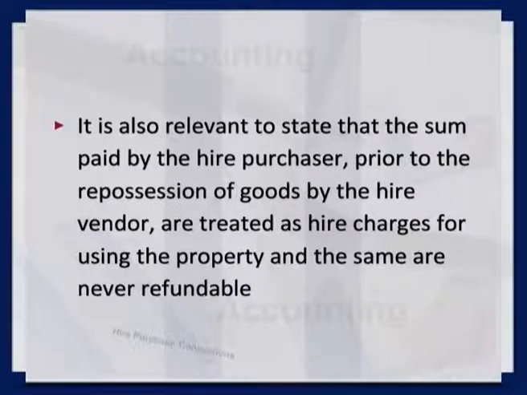However, in case of default, the vendor can take back the possession of the goods. It is also relevant to state that the sum paid by the hire purchaser prior to the repossession of goods by the hire vendor is treated as hire charges for using the property, and is never refundable.